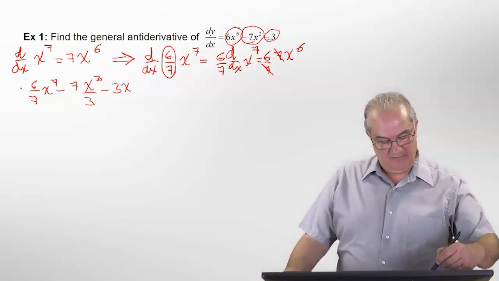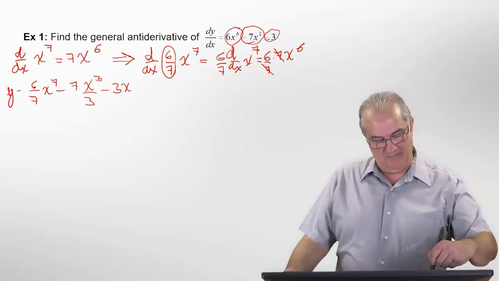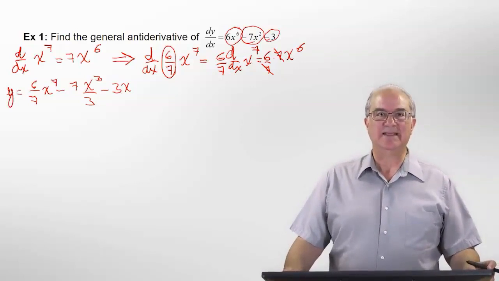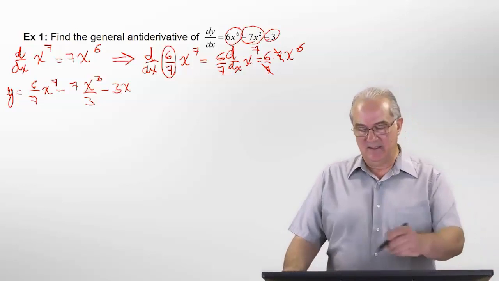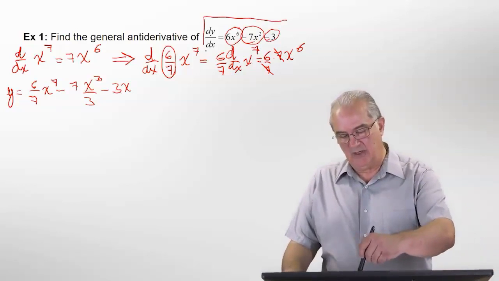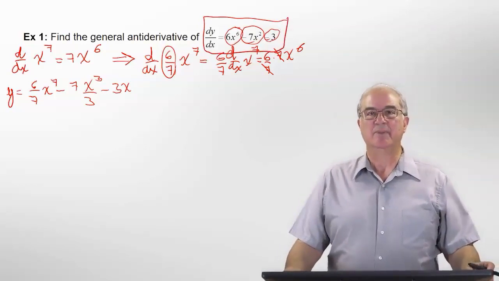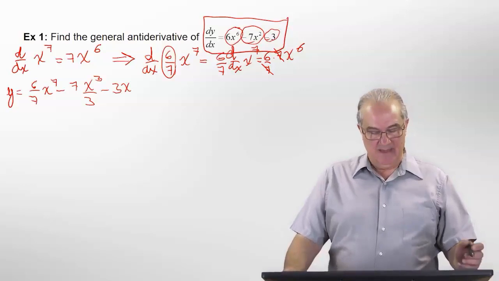So by putting all of these together, we can now say that y equal to this expression, 6/7 of x to the 7th power minus 7/3 of x cubed minus 3x satisfies the required condition dy by dx equals 6x to the power 6 minus 7x squared minus 3.